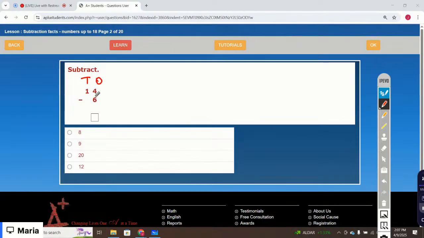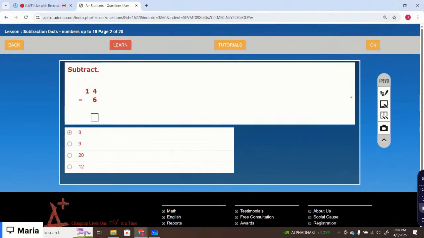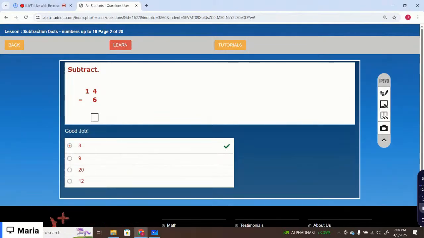So you cannot subtract 6 out of 4 because 4 is smaller and 6 is greater. So you need to borrow 1 from here. When you borrow 1 from here, you are left with 0, and the one that you borrowed makes it 14. So 14 take away 6: 6, 7, 8, 9, 10, 11, 12, 13, 14. So 14 take away 6 is 8. Option number 1 is the correct option.